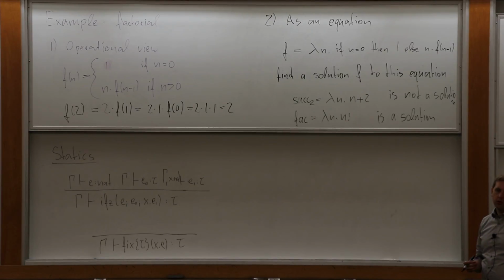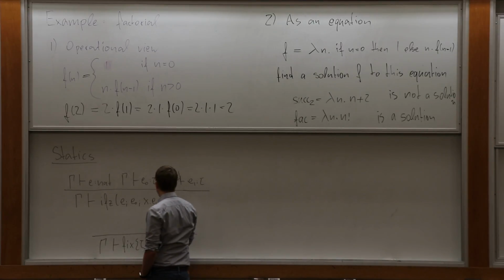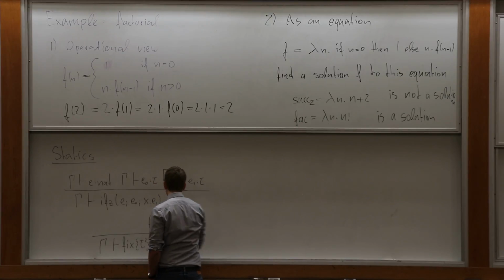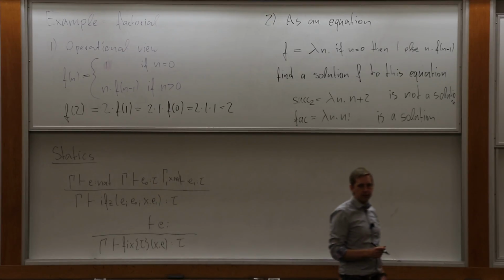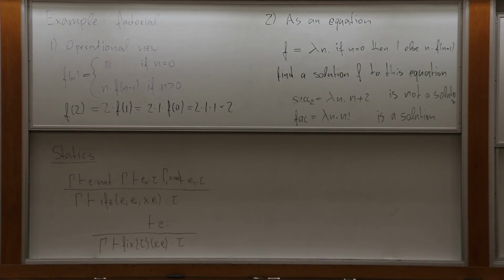But this is something you could create with a fix. But of course, the E in there cannot be arbitrary. So the E has to be somehow related to this type tau. And in what way? If you look at our example, it's again the same type tau.